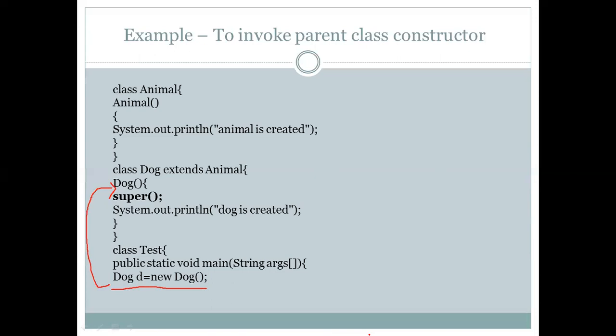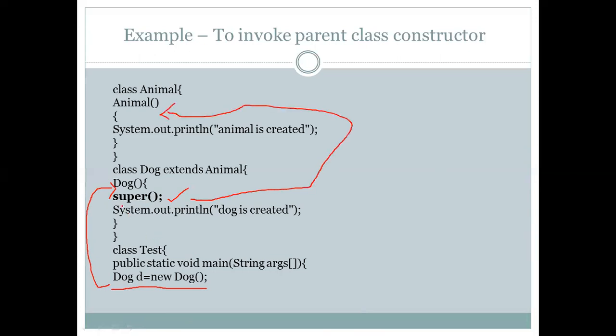Whenever the object is created, it is going to invoke the constructor implicitly, that all of us know. So when the dog constructor is invoked, what is given within the dog constructor? You are just saying super. Now when you give super with parentheses and a semicolon, this is where the parent class constructor will be invoked.